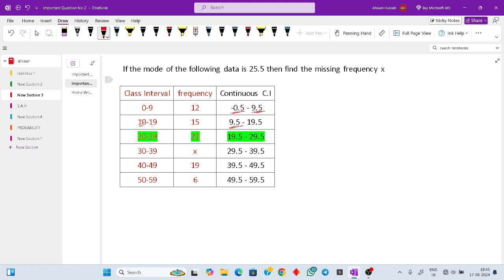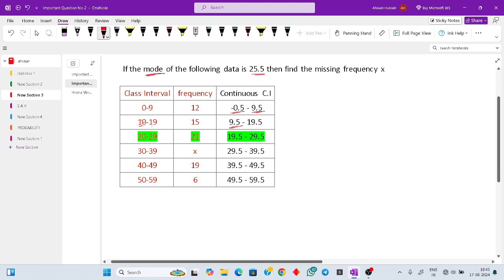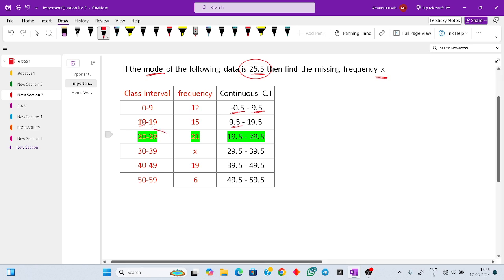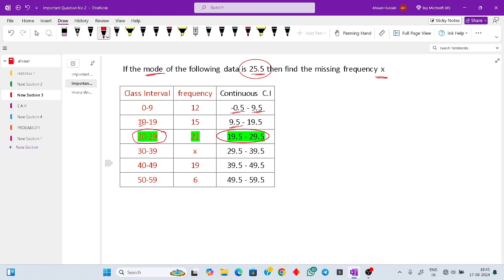Here the mode is given, that is 25.5. We need to find the missing frequency x. Now see, if the mode is 25.5, which implies that our modal class is 19.5 to 29.5.